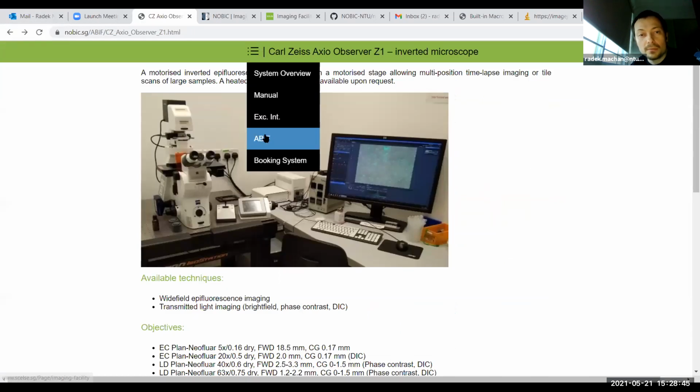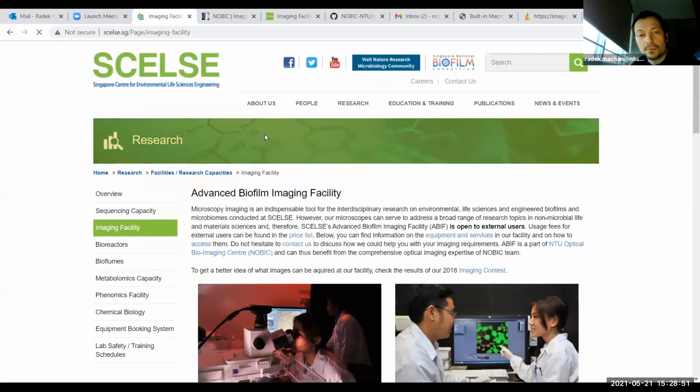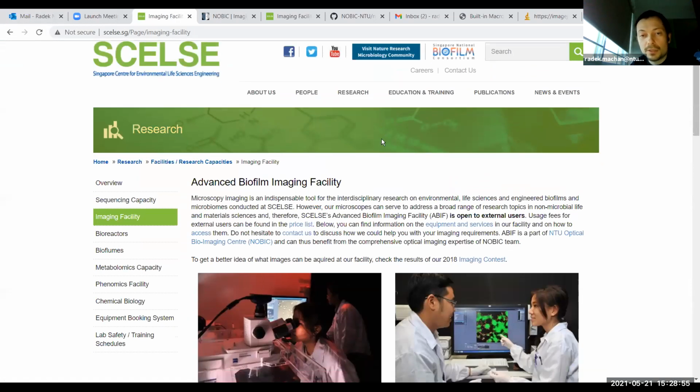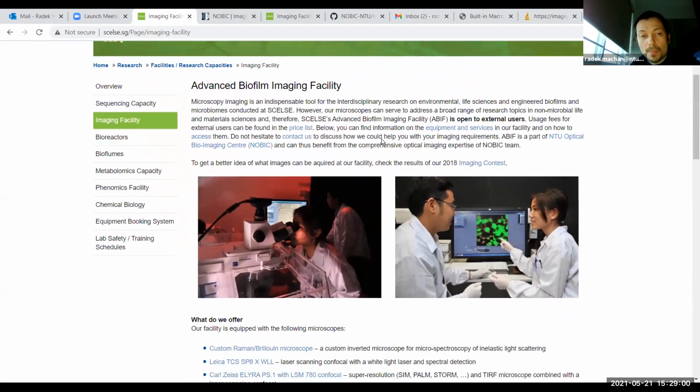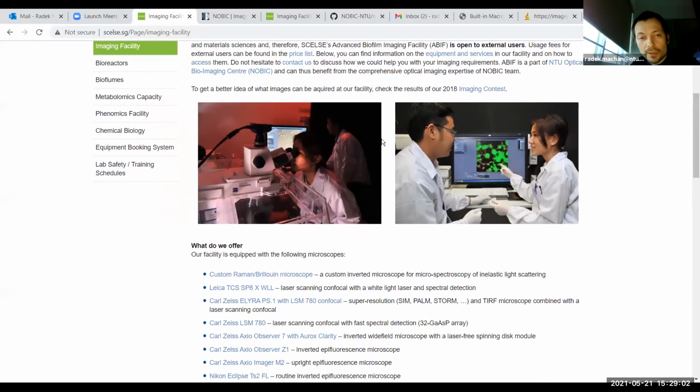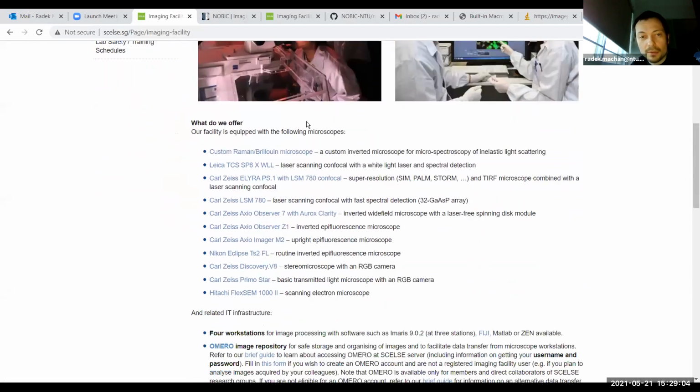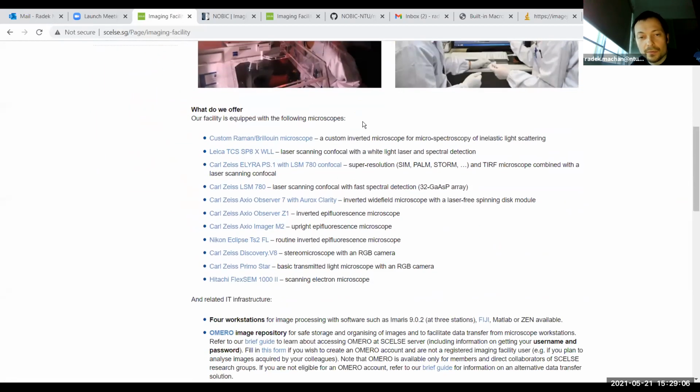And there's also a link to the website of the imaging facility, which we can have a look at now. The more interesting parts of this website are a list of microscopes.